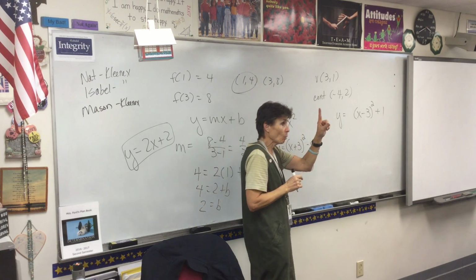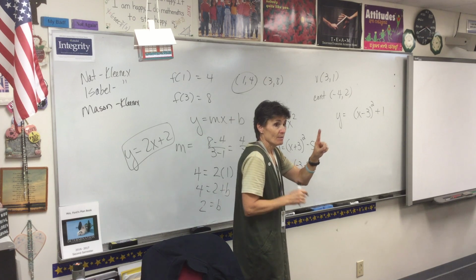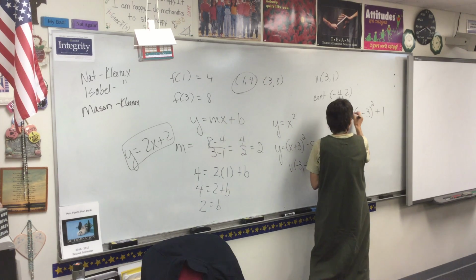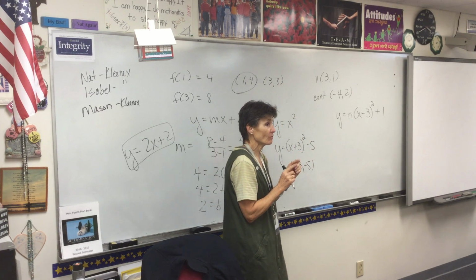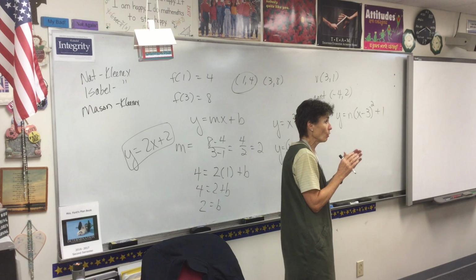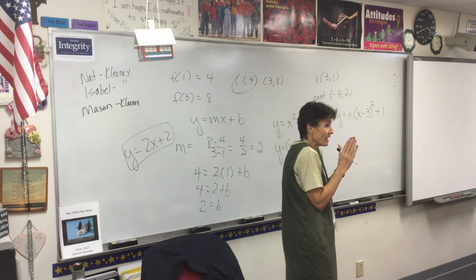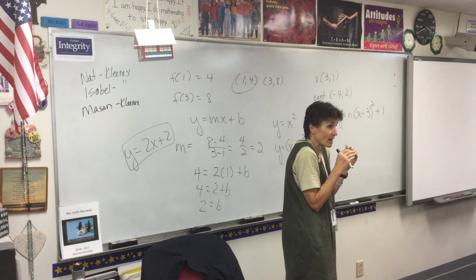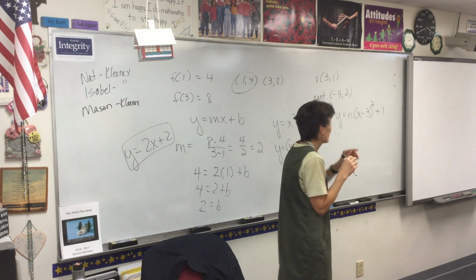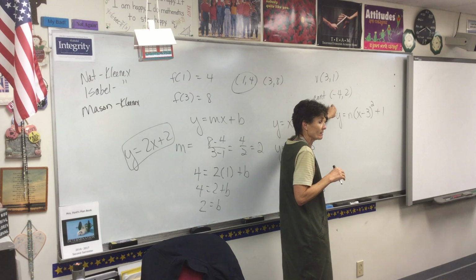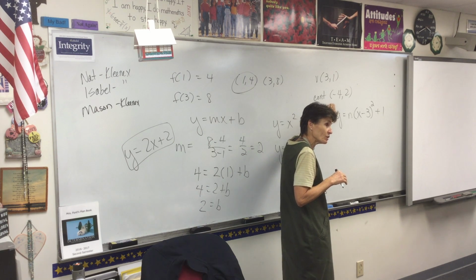That's it, except for one thing. There is a coefficient out here that has nothing to do with the vertex, but it controls how skinny and which direction your parabola is, right? So we need to figure out what that coefficient is. That's why they gave you this point. Because what are you going to do with this point?